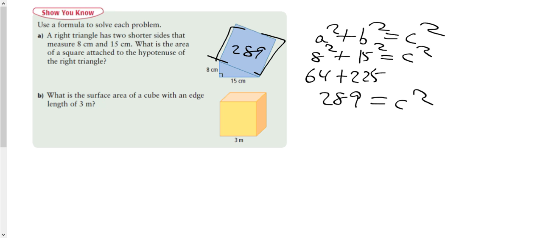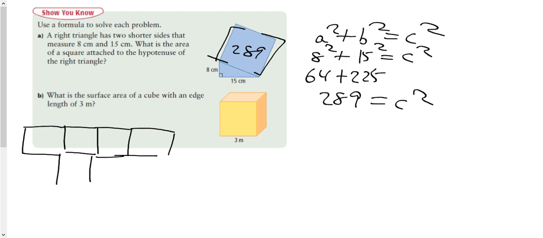In your second part, it says, what is the surface area of a cube with an edge length of 3 meters? Just to remind you, back in grade 8 you broke a cube down into a net, and you realized that a cube has 6 faces, and each face uses the formula side squared to calculate the area.